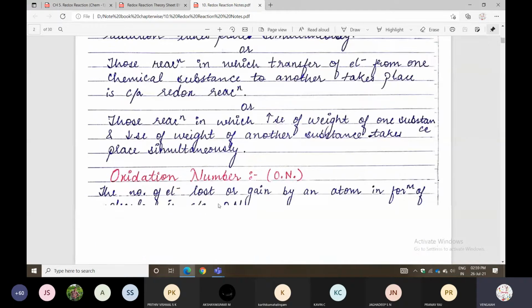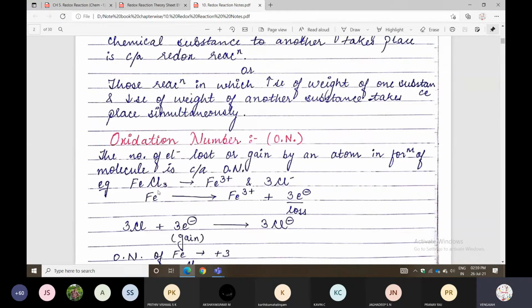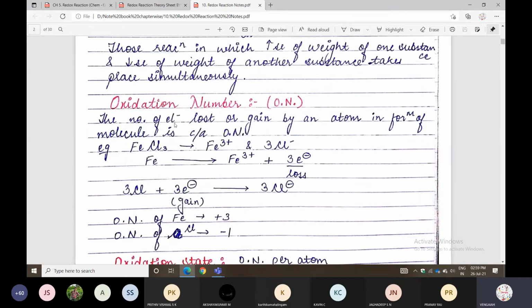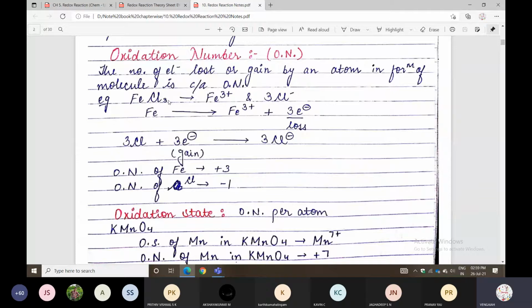What is the definition of oxidation number? Check it. The number of electrons lost or gained by an atom in the form of a molecule is called the oxidation number. Look here, FeCl3 forms Fe+3 and 3Cl-. Fe lost 3 electrons, so +3 oxidation state.